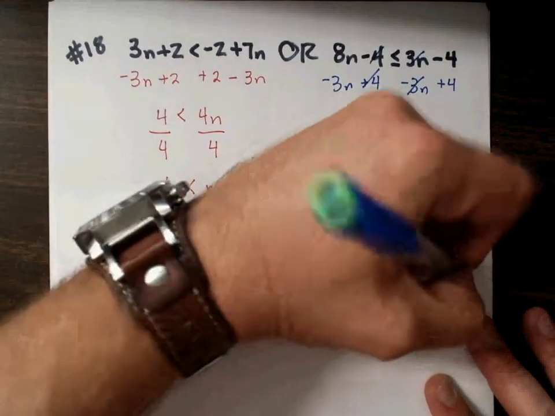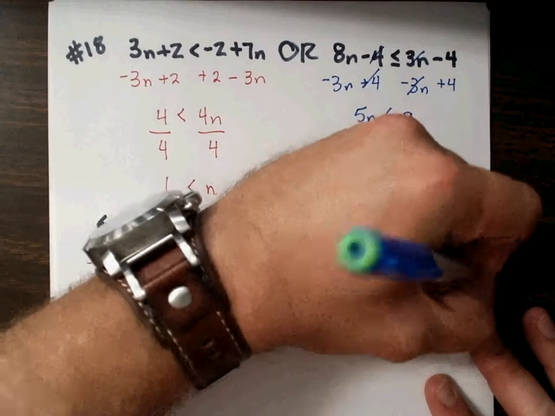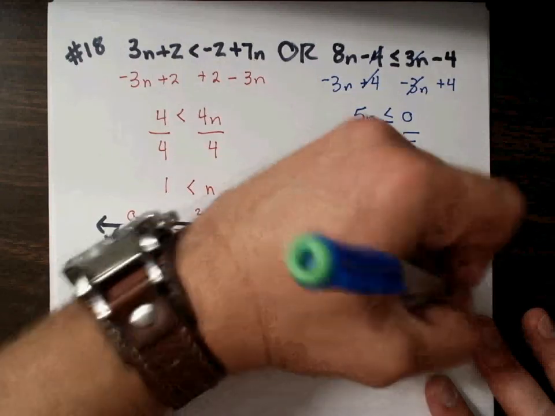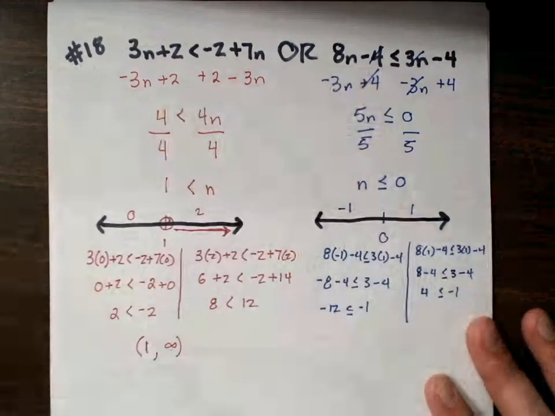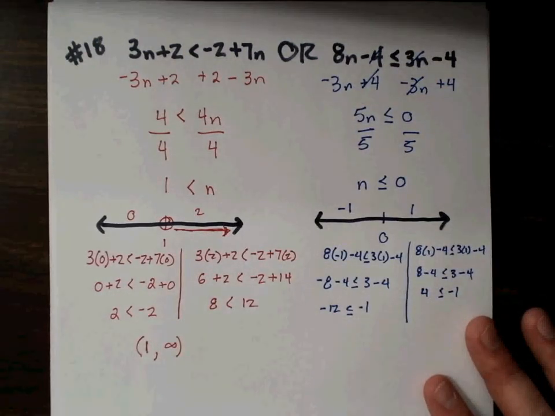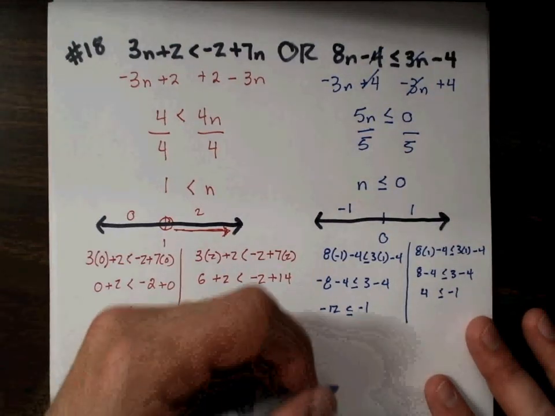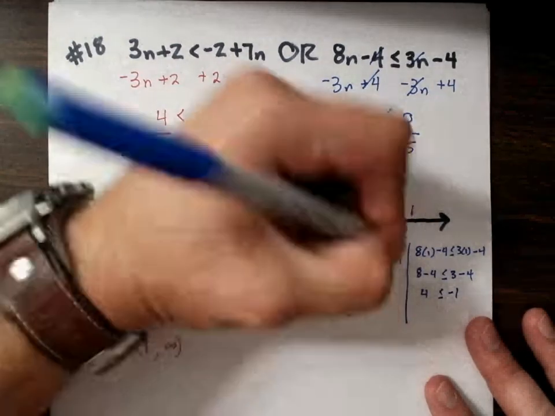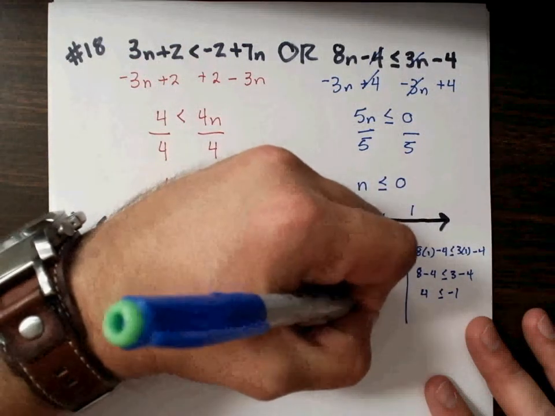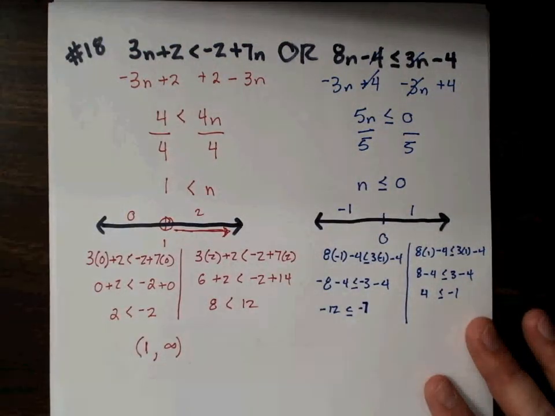I'm going to get 8 minus 4 less than or equal to 3 minus 4, which is going to be 4 is less than or equal to -1. Is that correct? No. That is not correct. I think this over here should have been -3, which would make that -7, but it's still true.